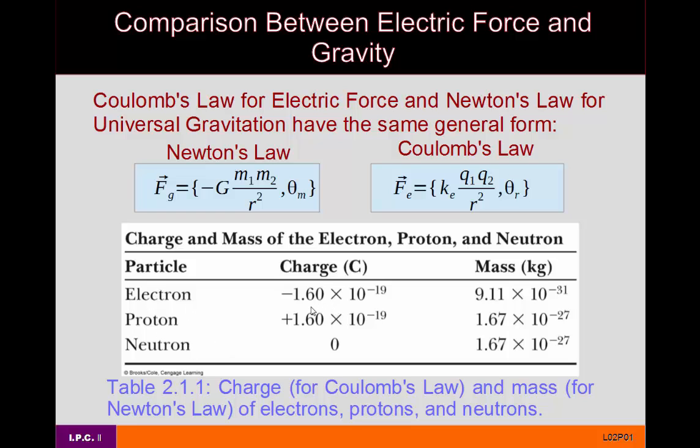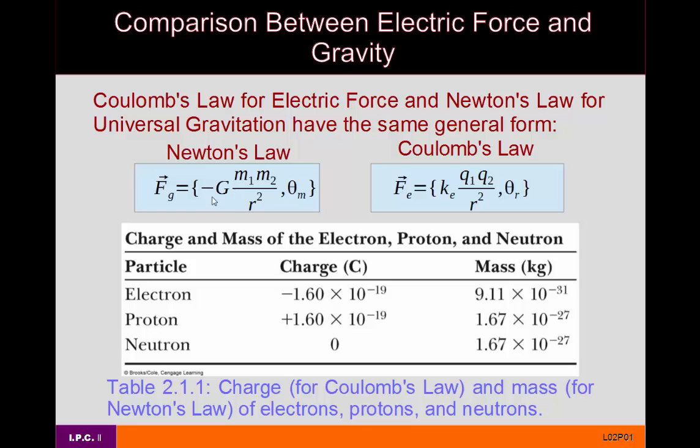An electron has a negative charge, proton has a positive charge of the same magnitude, a neutron is neutrally charged. And notice that these are times 10 to the minus 19. Then we come look at the mass in kilograms. An electron is times 10 to the minus 31. Proton and neutron times 10 to the minus 27 kilograms.